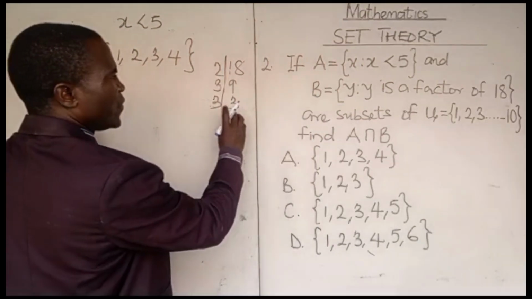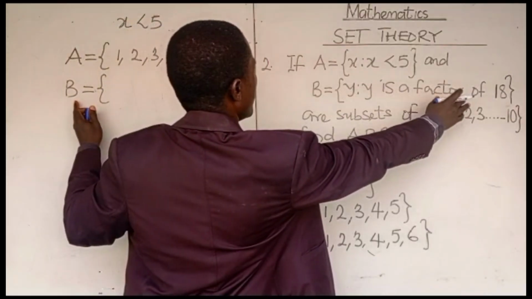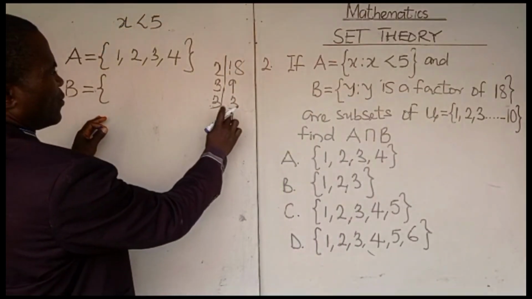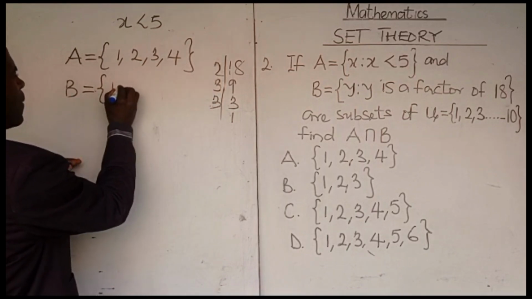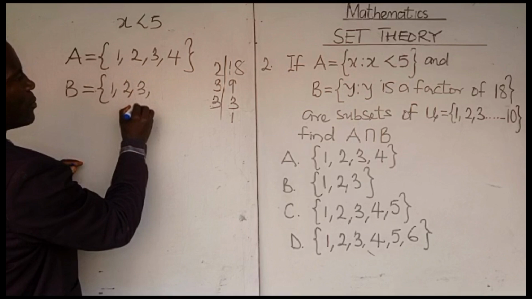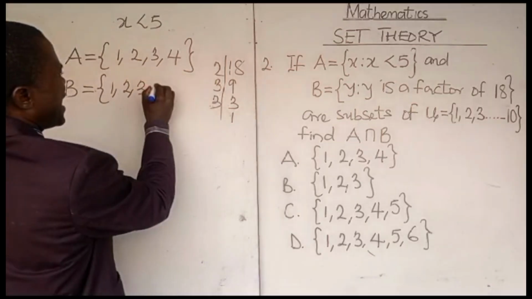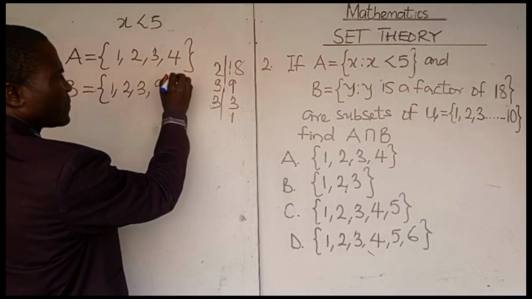B, the figures which we can refer to as the factors of 18, they are 1, 2, 3, 9, and 18.